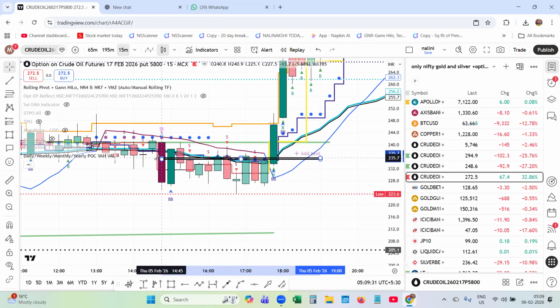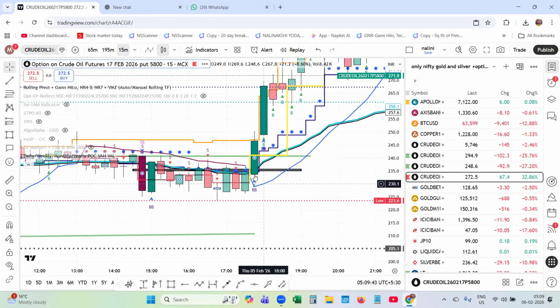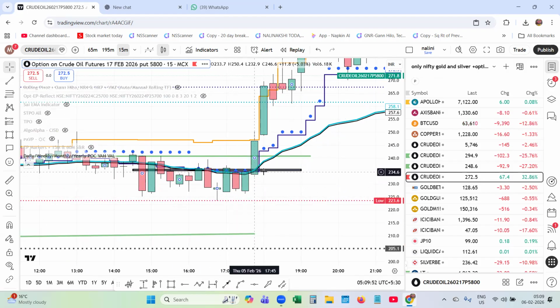This was the point of control for this rotation area. Price got accepted. Price entering into the value area, entering into value area low. This is the value area low.